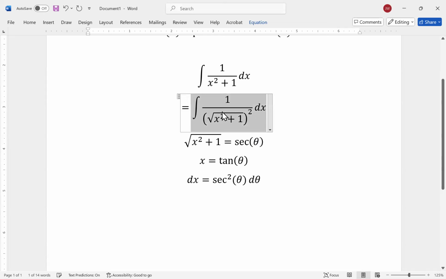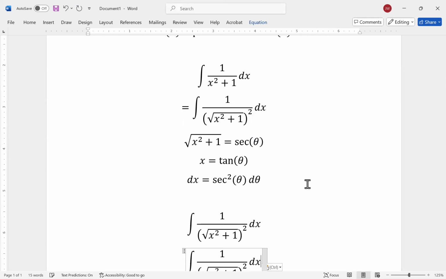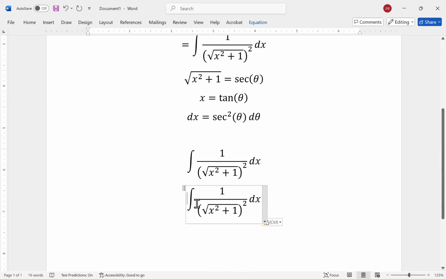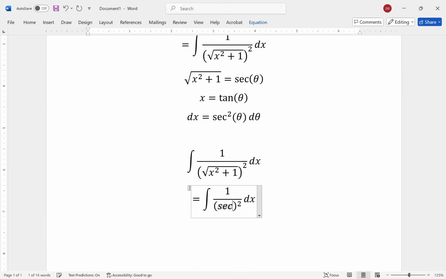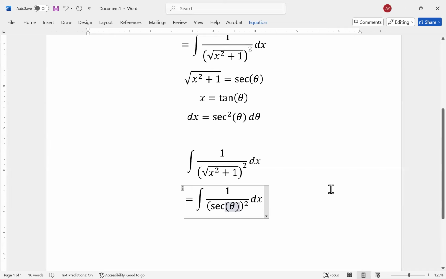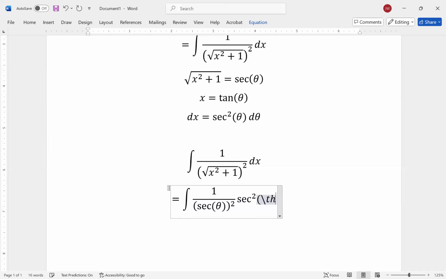Now look at what I have here. The square root is equal to secant of theta. So I replace that big square root with secant theta. My dx I replace with secant squared of theta d theta.